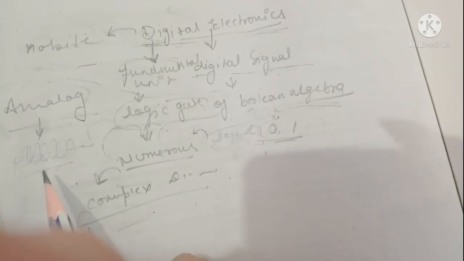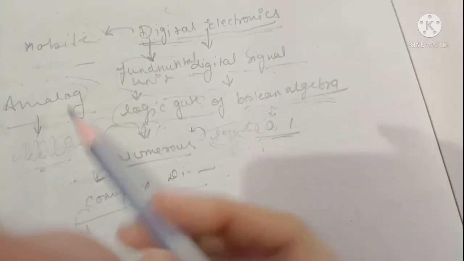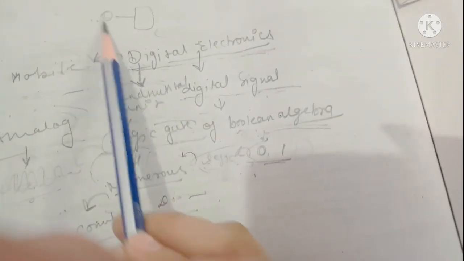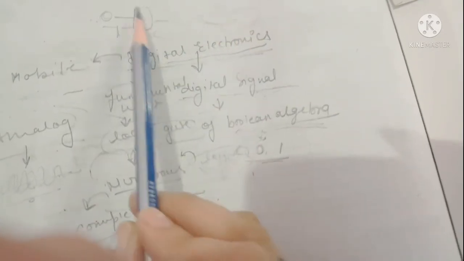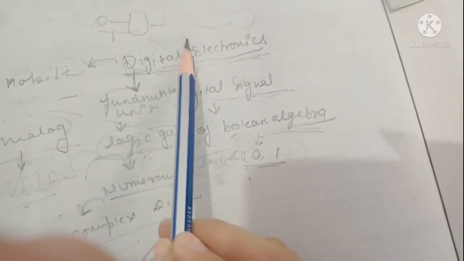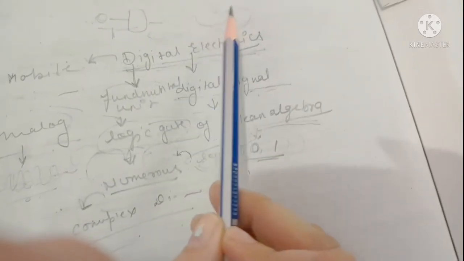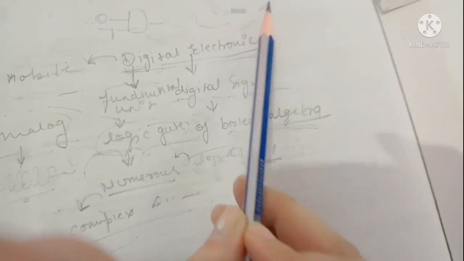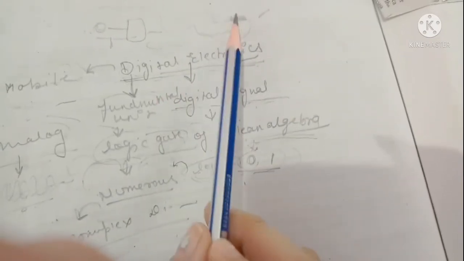Suppose you have to check the pulse and heart rate, you can't use the digital signal there, because a digital signal has logic gates and works with Boolean numbers, so that it can calculate some kind of problem and find the result in the form of Boolean numbers.